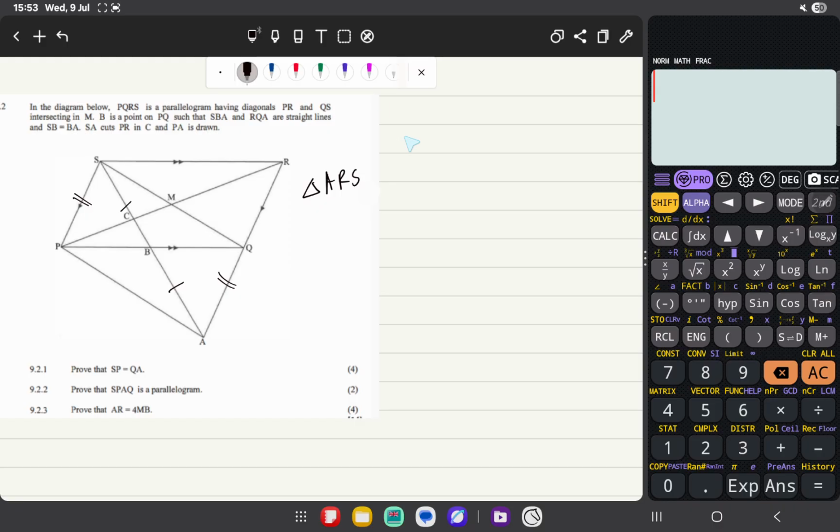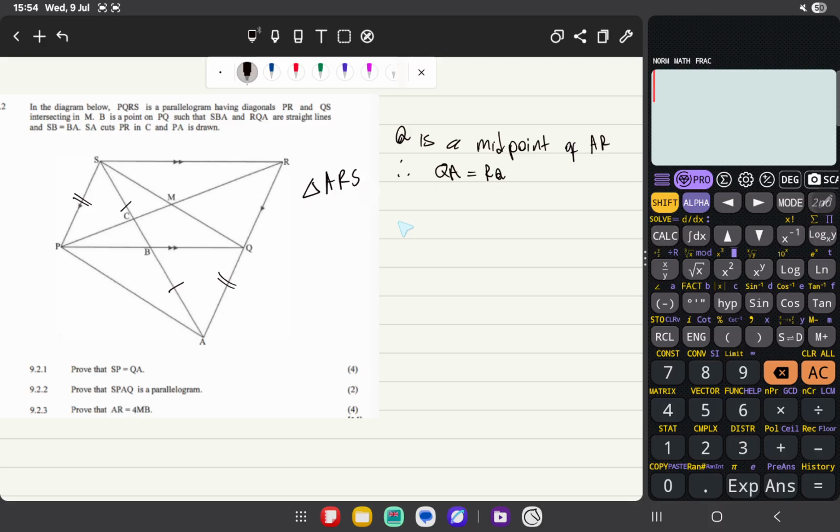So you will then say that Q is a midpoint of AR, right? Therefore AQ or QA equals RQ.